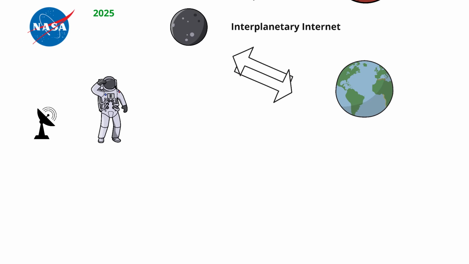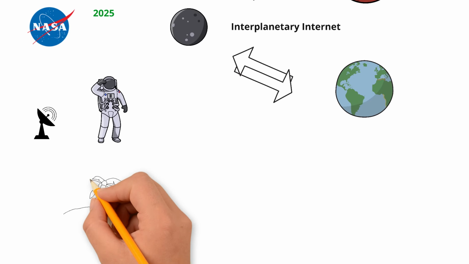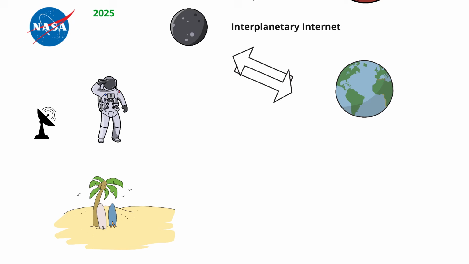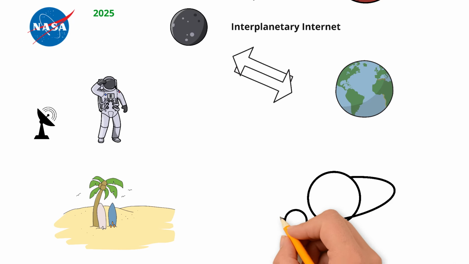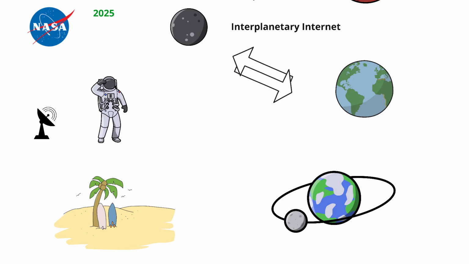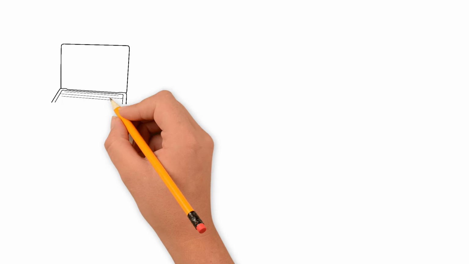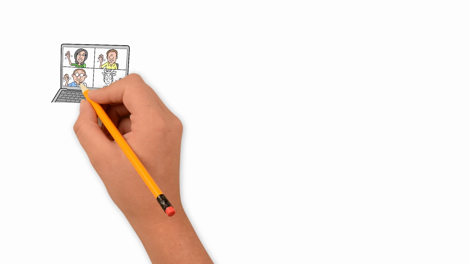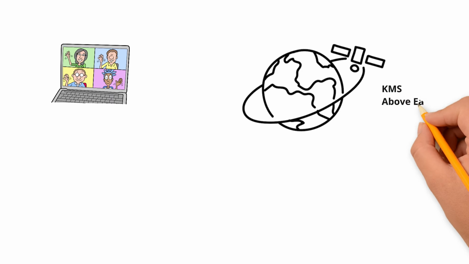Satellite internet began as a way to bring connectivity to isolated places, but it might one day connect planets. So, the next time you stream a video using satellite internet, remember your signal just bounced off a satellite orbiting hundreds of kilometers above the Earth.